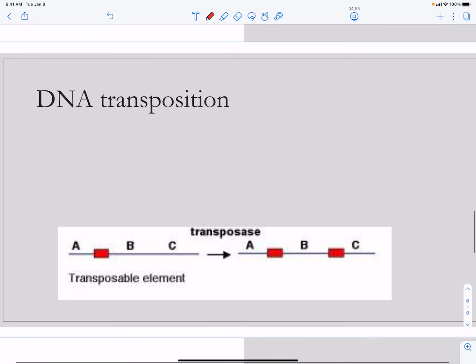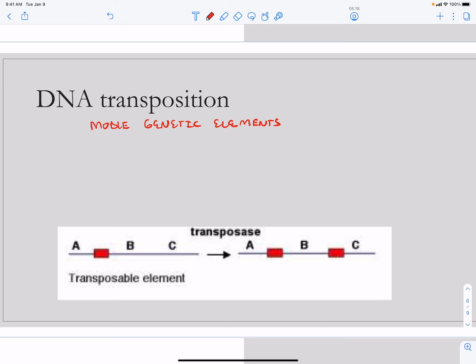The next one is really straightforward and pretty simple. It's called a transposition. It's hard to believe that this happens, but we do have mobile genetic elements in genomes.